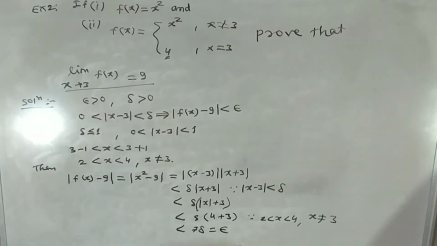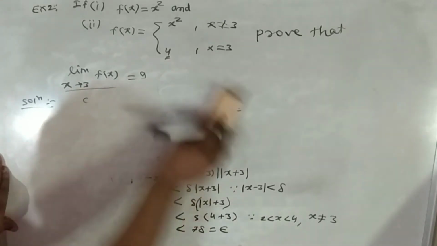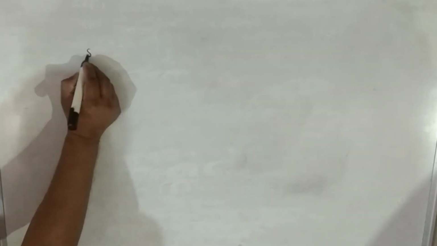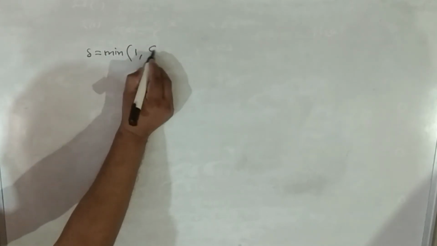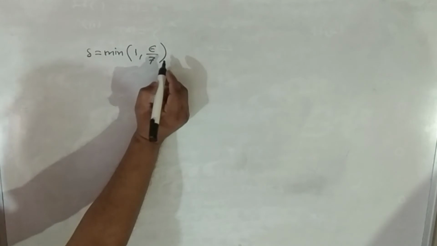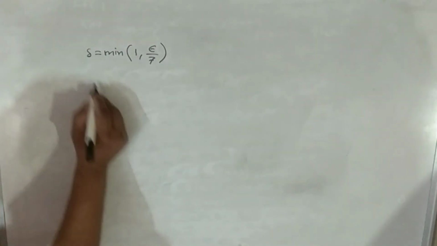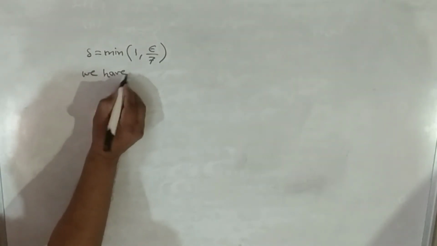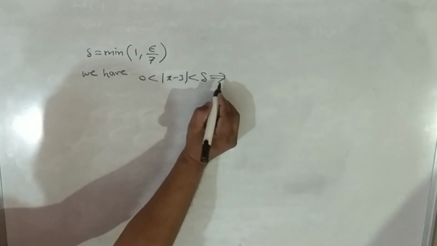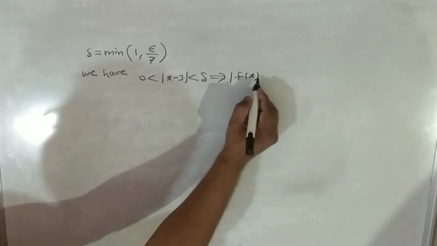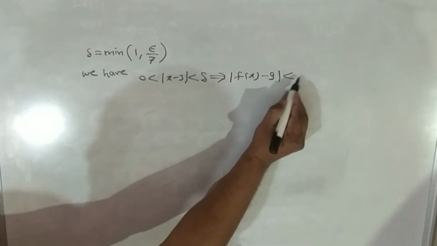And if we choose delta equal to the minimum of 1 and epsilon by 7, we have 0 is less than mod x minus 3 is less than delta, which implies that mod f of x minus 9 is less than epsilon.